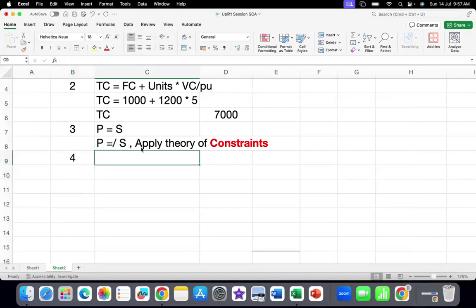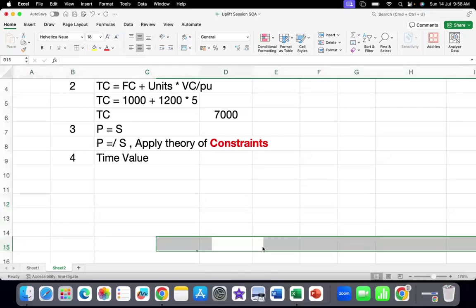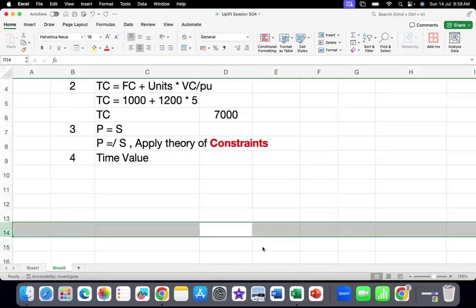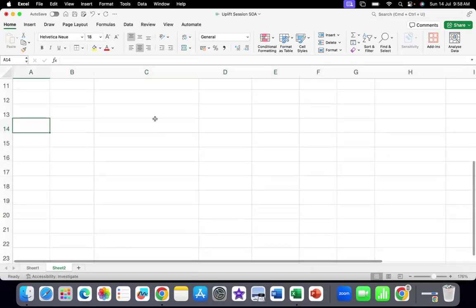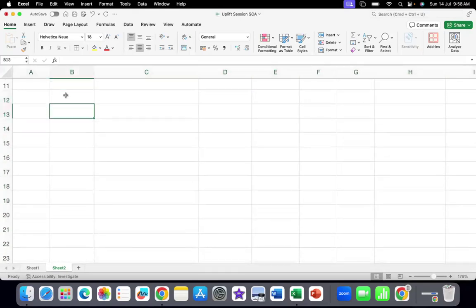And the fourth one was we are ignoring the time value of money. We are not concerned about time value because it is a core financial concept. We are into costing now, so we are ignoring the time value of money. Once you are familiar with these assumptions, it is important to understand how the contribution statement works.